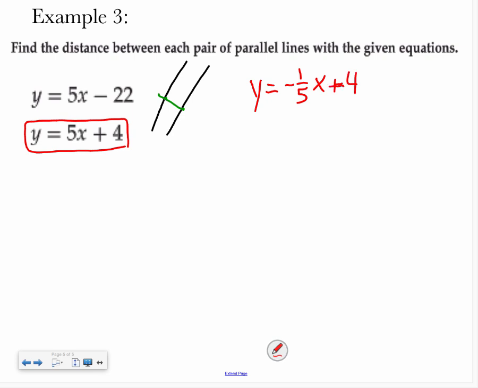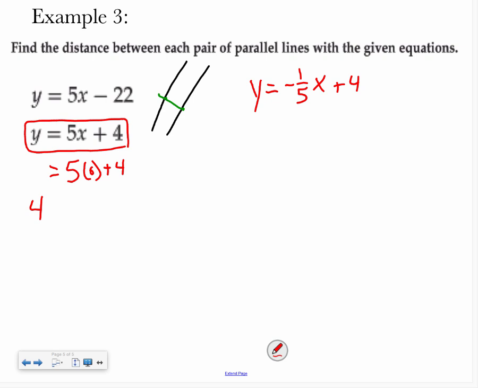That means they are going to intersect. Since I kept the same b value, they are going to intersect at (0, 4). Because if I plug 0 in for x in the original equation, 5 times 0 plus 4 gives us 4.